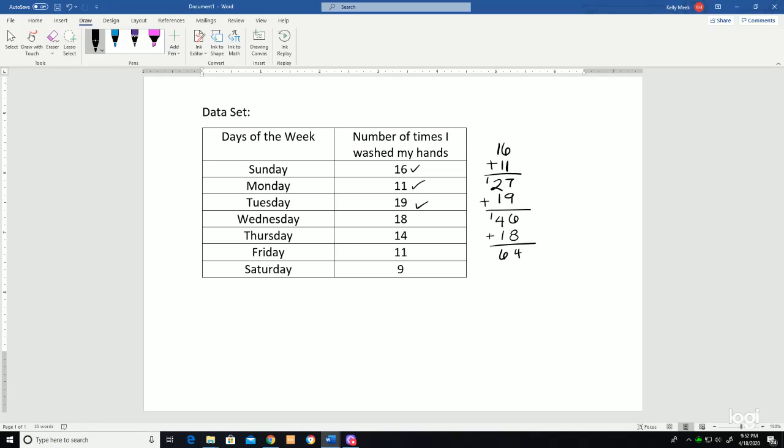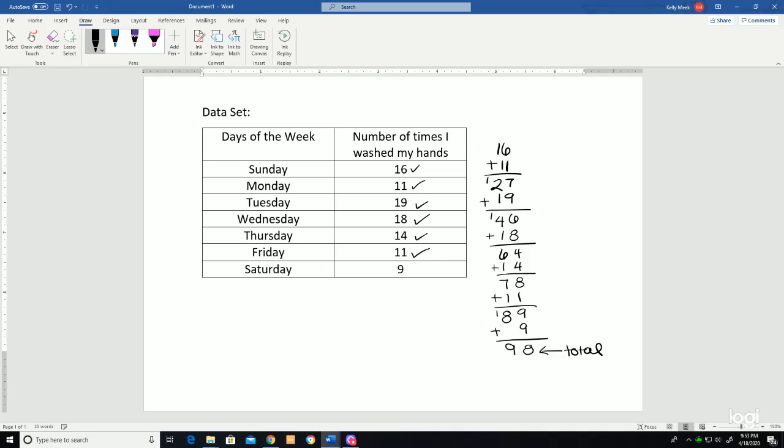Okay, that's a 6. 64 plus 14, that is 8 and 7. Okay, we have 78 now plus 11, that's 9 and 8. And our last number here, 9 plus 9 is 18. And then 1 plus 8 is 9. So we end up with 98. So that is our total.